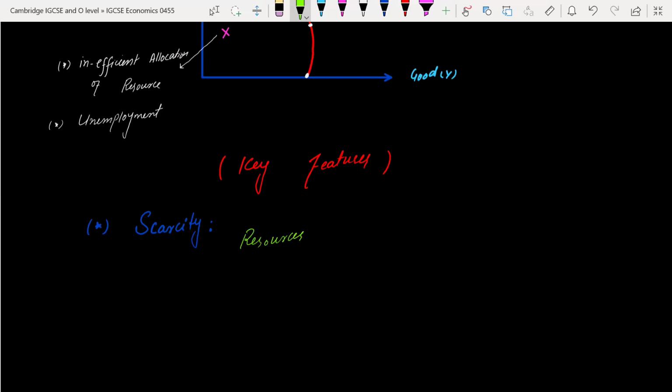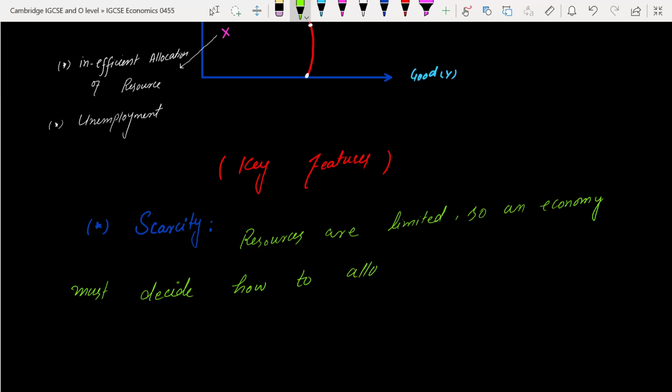For example, resources are limited, so an economy must decide how to allocate resources efficiently.